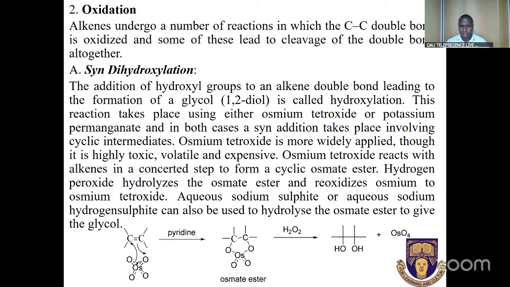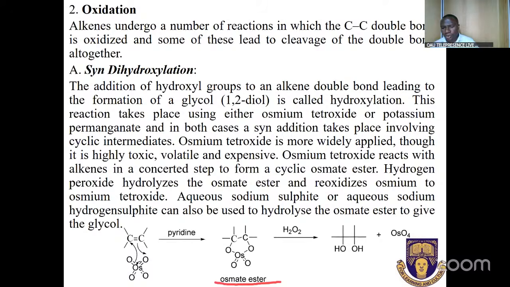Osmium tetroxide, though it's toxic, volatile, and expensive, is actually widely used. In simple terms, if you look at the equation on the slide, what really happens is that the osmium tetroxide reacts with the double bond in the presence of pyridine to give us an osmate ester.